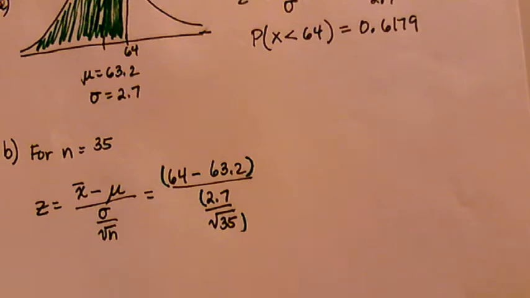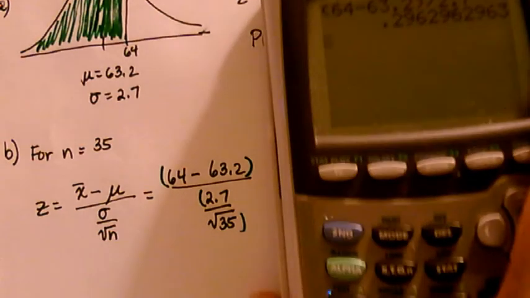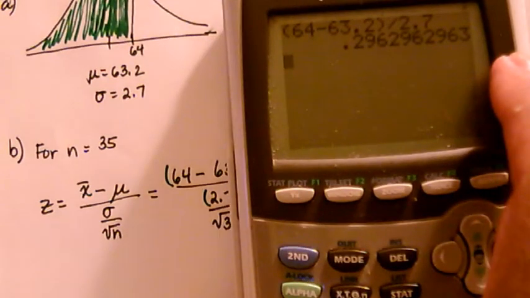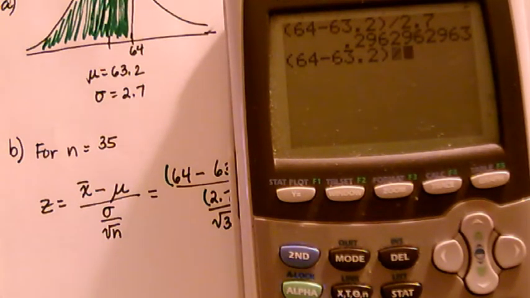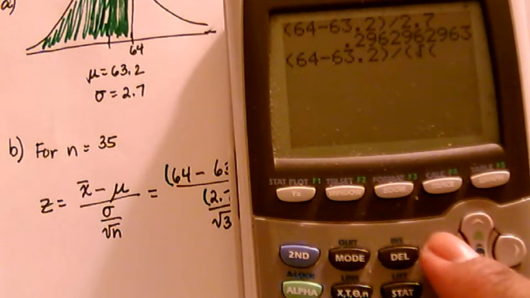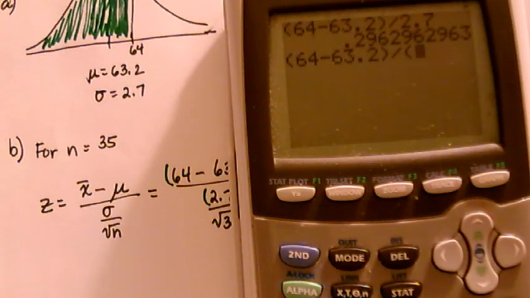So, here we go. Using the calculator, left parentheses, the numerator, which is 64 minus 63.2, close parentheses, divided by, and then left parentheses, 2.7 divided by, and now second x squared for the square root, and then 35.